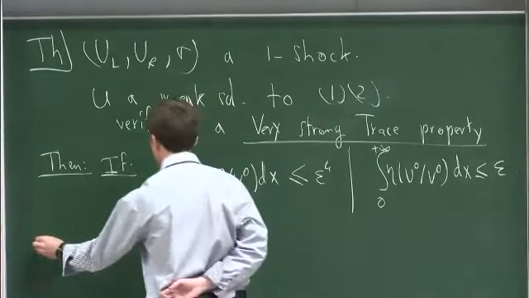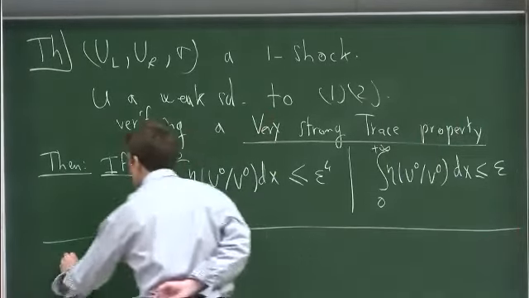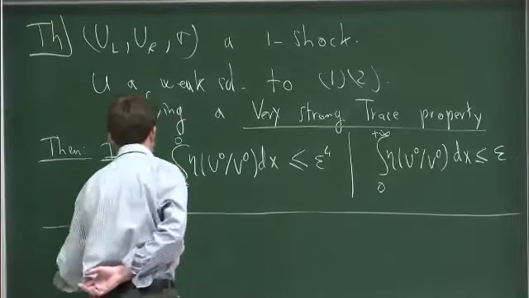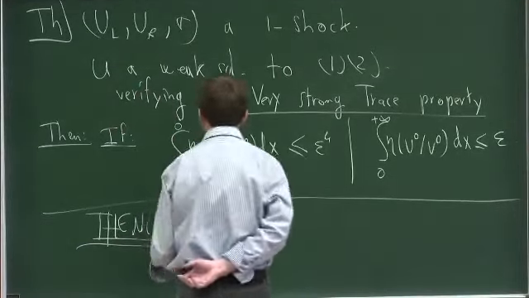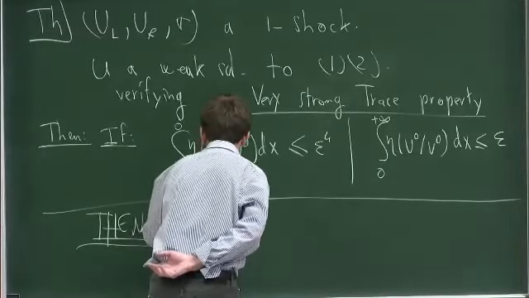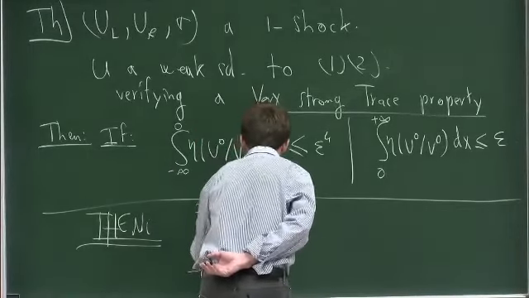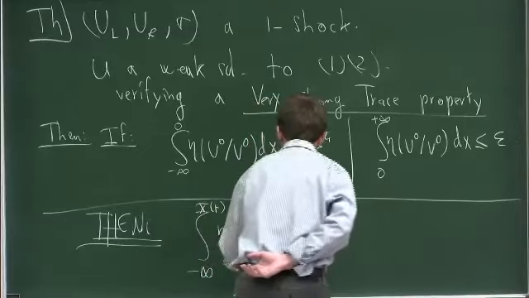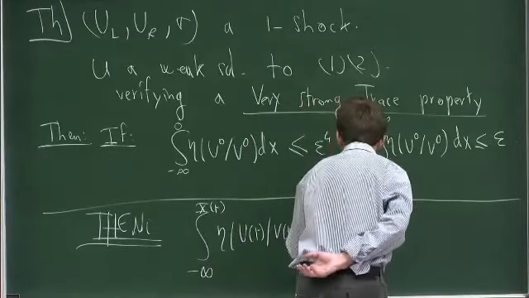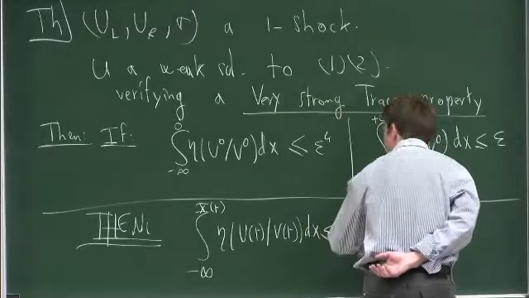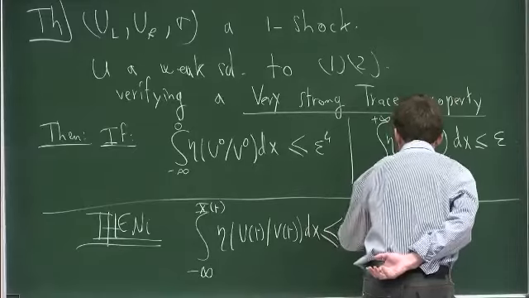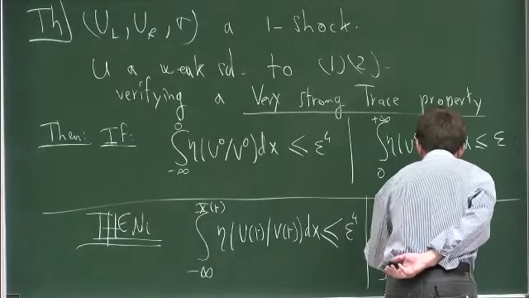Then you keep this structure for all time. So the integral from minus infinity to x of t of eta of u of t with respect to v of t dx stays of order smaller than epsilon 4, and for the other part, x of t to plus infinity of eta of u of t.